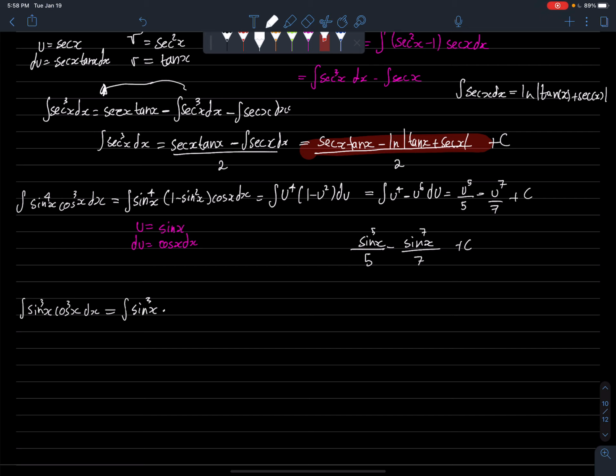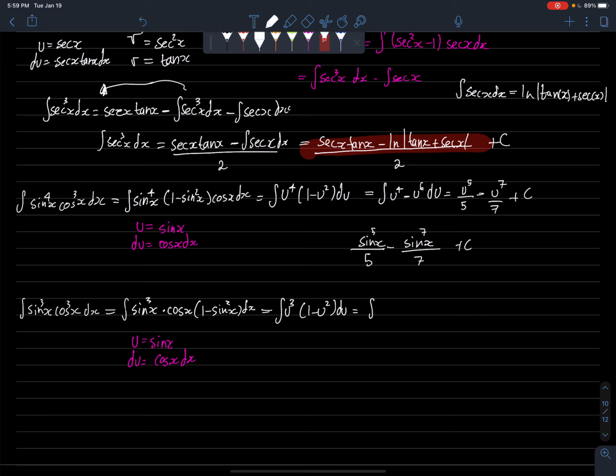Sine cubed x times cos x times 1 minus sine squared x dx. u is equal to sine x, du is equal to cos x dx. Alright, let's substitute that back in. So we have u to the 3, cos dx cancels out, 1 minus u to the 2.